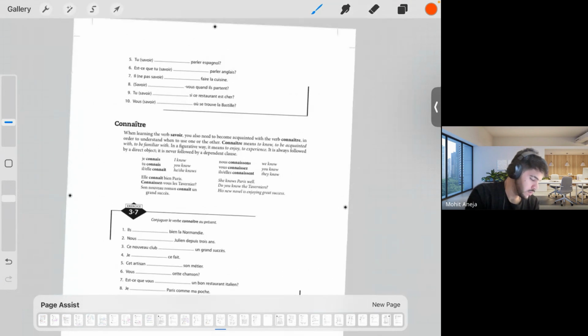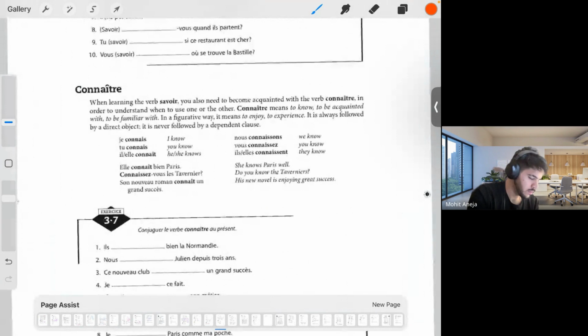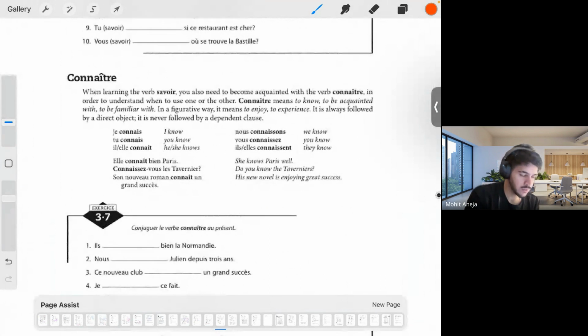Let's move on. This is the verb connaître. What verb is this? Can you say this verb out loud? Connaître, yes. So we're learning the verb savoir, and you also need to become acquainted with the verb connaître in order to understand when to use one or the other. I will tell you what it is, but before that, let's just read out the conjugations.